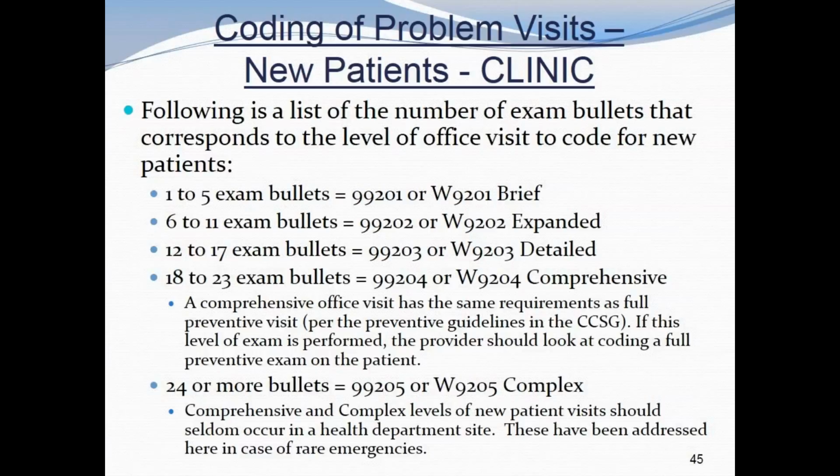Okay, so the next question that we have is a new family planning patient that has a problem with her visit. Okay, we code her new under the preventive side, which is correct. You do want to code them under the preventive side. And then the next part of this question is, do we code new patient on the E&M side, the problem side, with a 25 modifier or established patient?